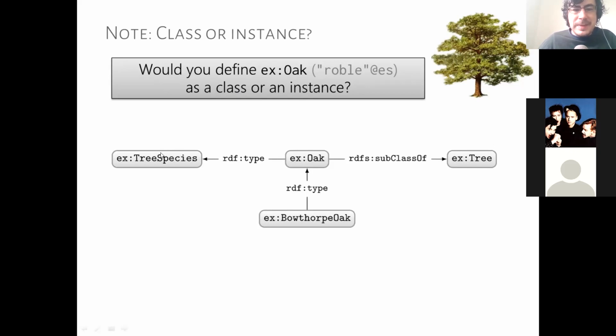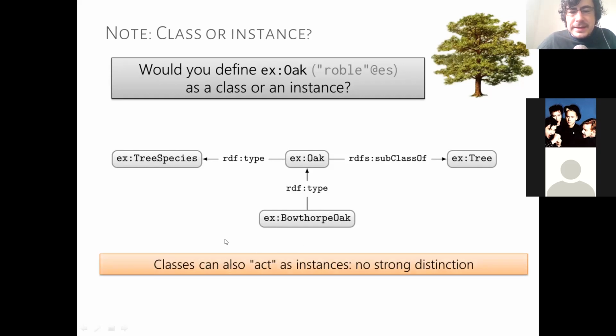It's a type of tree species, right? But it's also a subclass of tree, right? So what does this mean? It means that if we have a specific oak tree, Bowthorpe oak for example, and it's an instance of oak, this will imply that Bowthorpe oak is of type tree, okay?